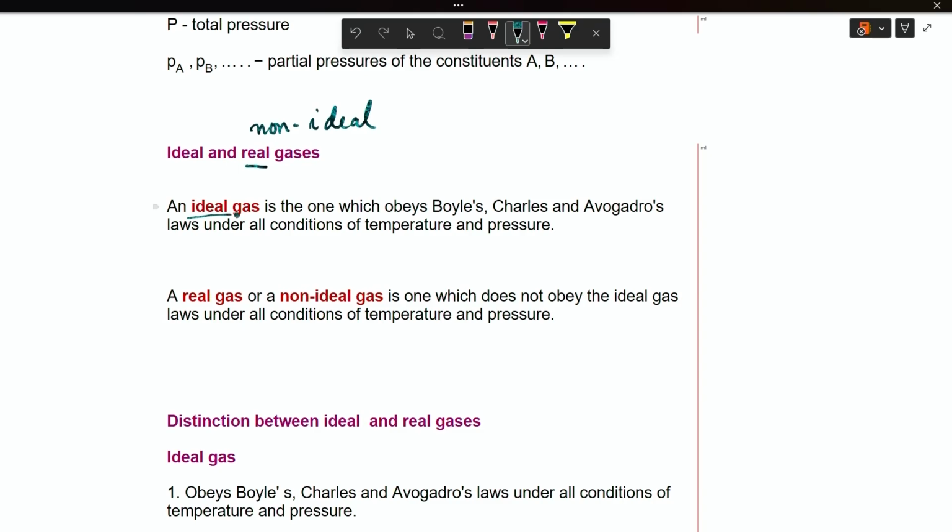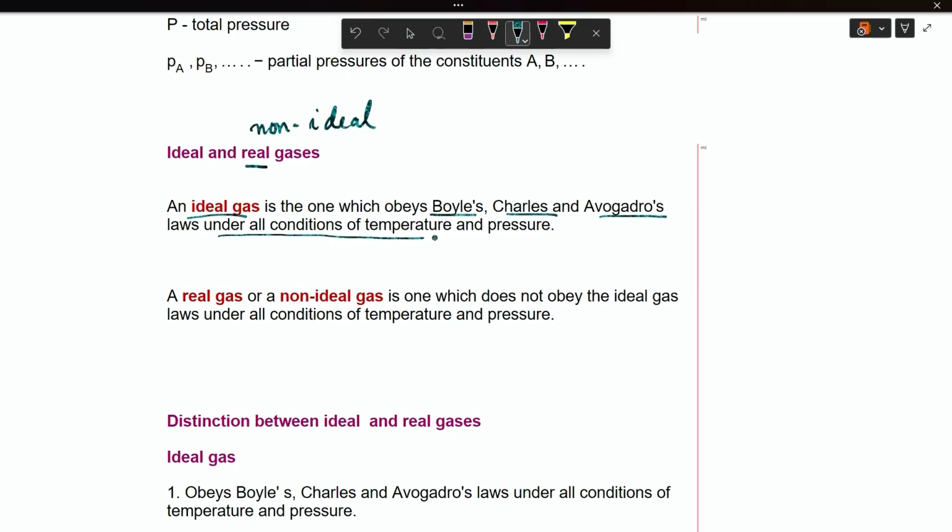Now, how will you identify whether a gas is ideal or not? An ideal gas is the one which obeys Boyle's law, Charles' law and Avogadro's law. It is not simply just obeying, but under all conditions of temperature and pressure. Under all conditions of temperature and pressure, Boyle's law, Charles' law and Avogadro's law should be obeyed by the gas.